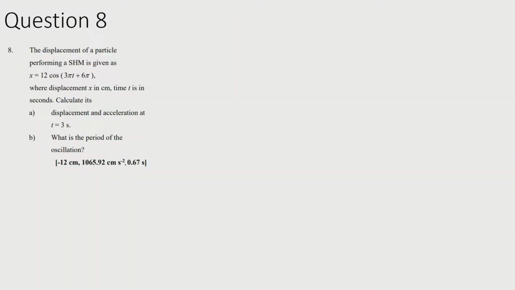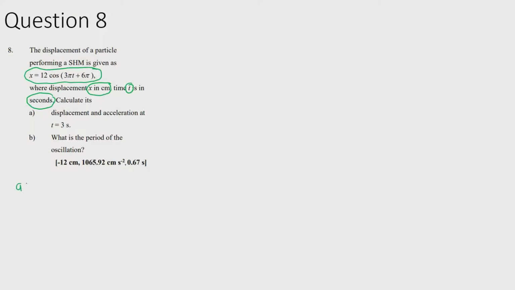Question 8. The displacement of a particle performing a simple harmonic motion is given as, so we have this expression, s equals to 12 cos 3 pi t plus 6 pi, where s is in centimeter and time is in second. Calculate its displacement and acceleration at time equals to 3 seconds.